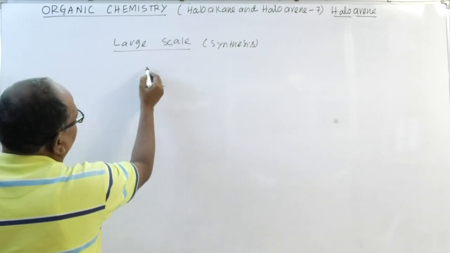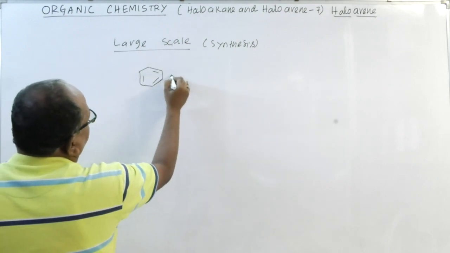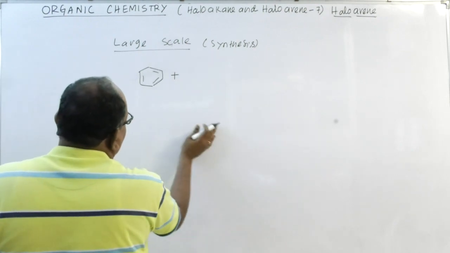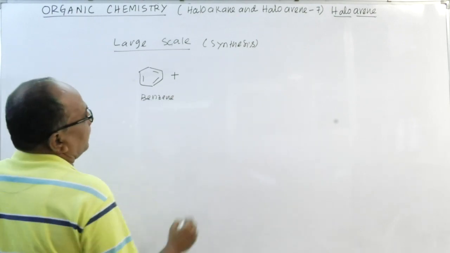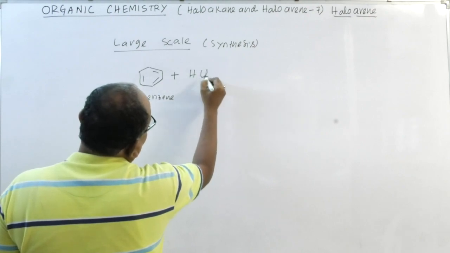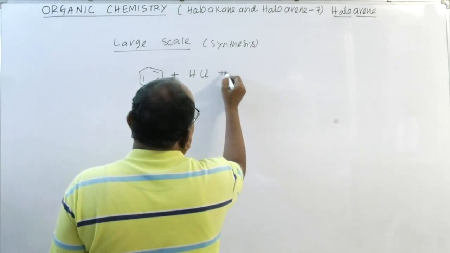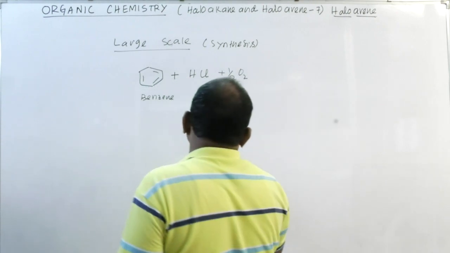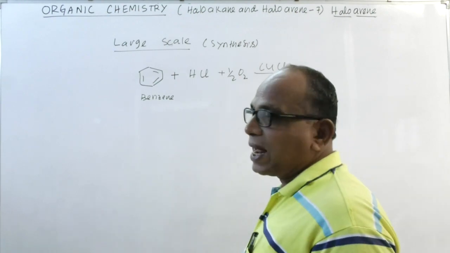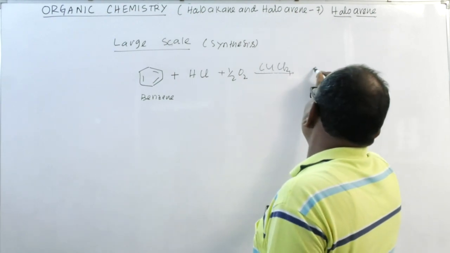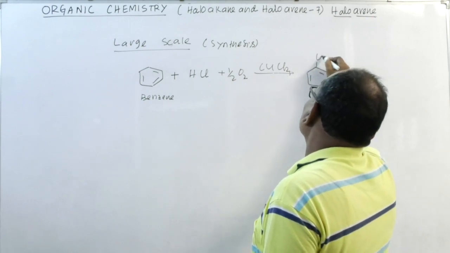That is, you take benzene and react it with HCl in presence of oxygen, and the catalyst is CuCl2. This is the catalyst, and this will be converted into chlorobenzene.